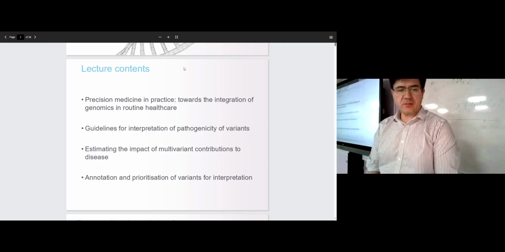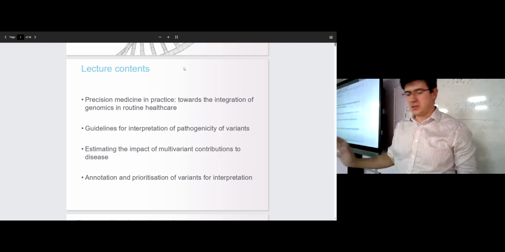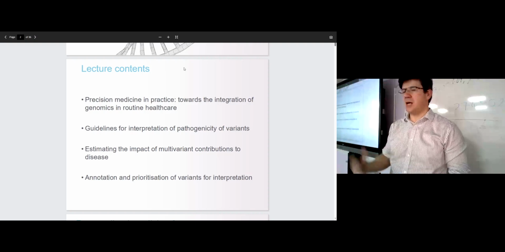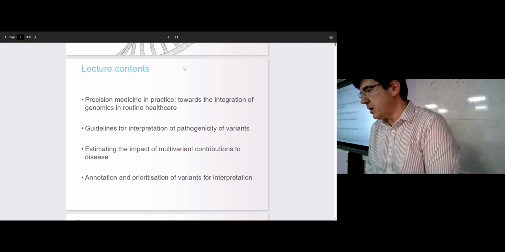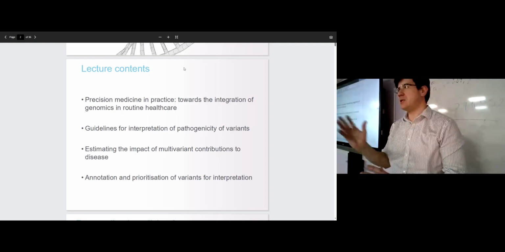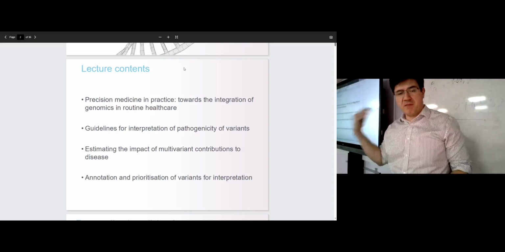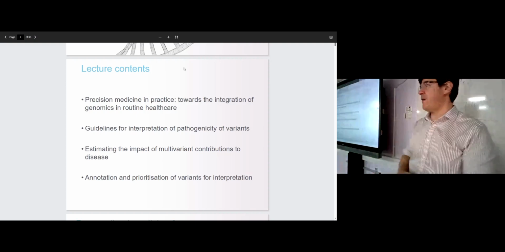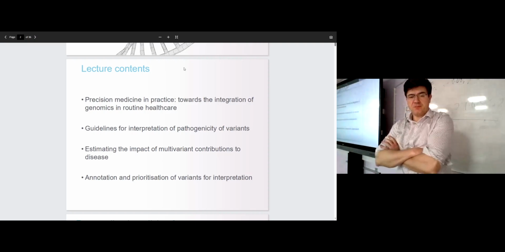And this idea that not one size fits all. How do we make sure of the specifics that each person has with regards to medication? We all know that you give the same drug to different patients. Some patients may have adverse drug reactions. And a lot of that is explained not just by the environment, but also by the genetics.